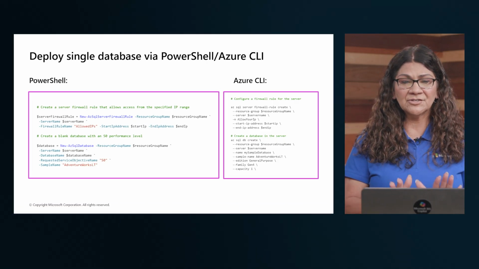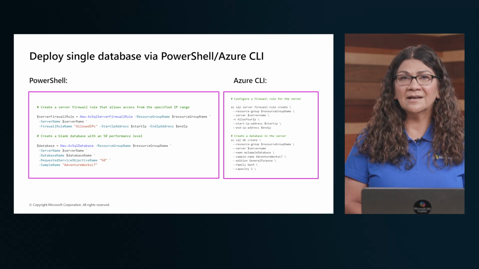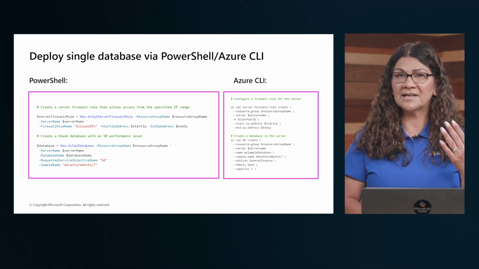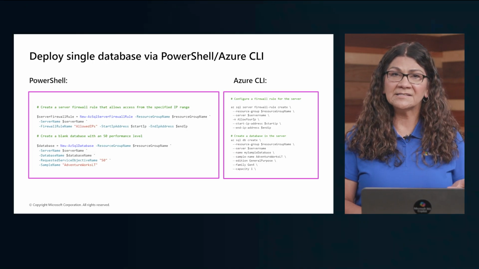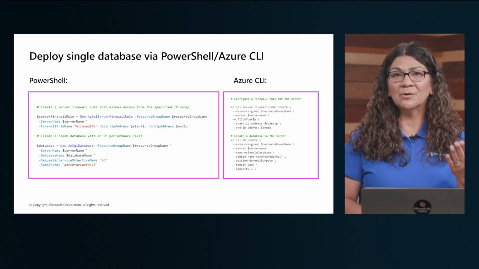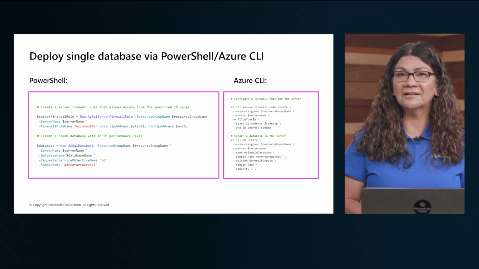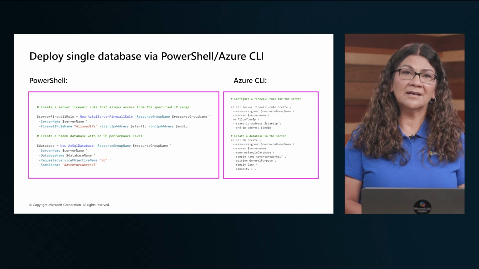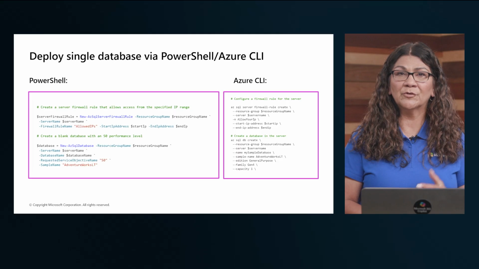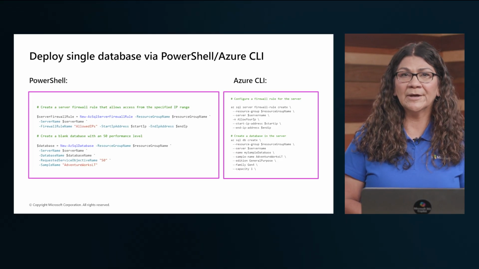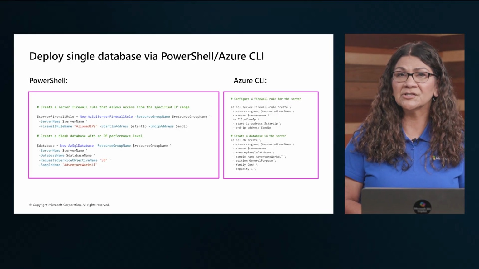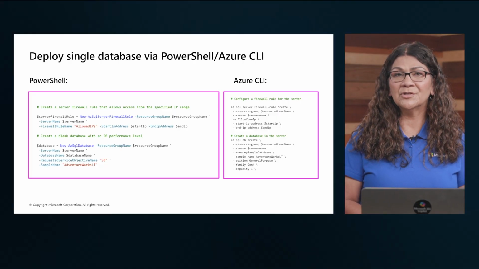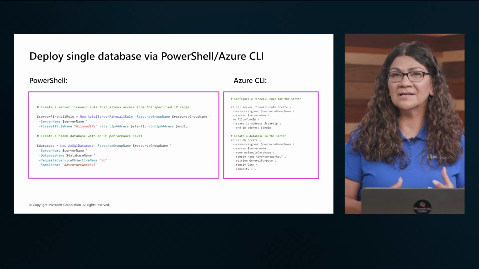It highlights some of the key commands that we have here for setting up. There's a server firewall rule that you can see that sets up a blank SQL Server database with the AdventureWorksLT sample database. And it has the performance level set up also next to it. The PowerShell script uses the New-AzSqlServerFirewallRule and the New-AzSqlDatabase command.